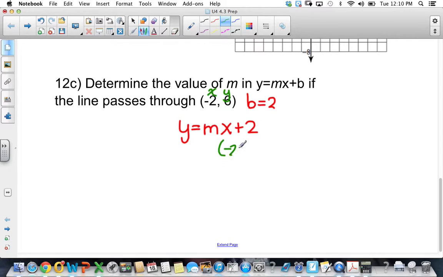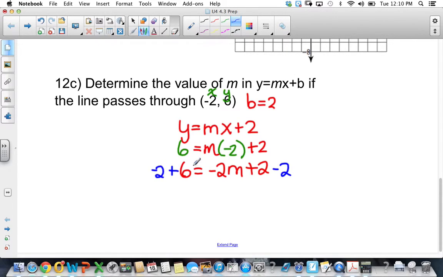So I'm going to substitute x for negative 2 and y for 6, and I'm going to be able to solve for m. I'm just going to flip-flop the negative 2 and the m. I'm going to subtract 2 from both sides. Right now that's a plus. So I have 4 equals negative 2m.